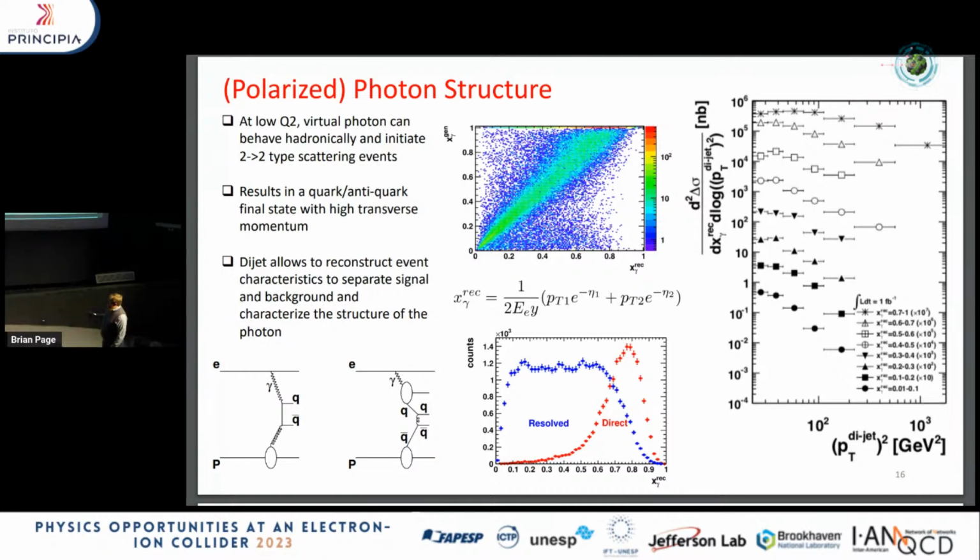But in a resolved process, the hadron itself that comes out has some momentum fraction. So if you reconstruct this quantity, you can make an experimental cut and really enhance your resolved component. And the fact that jets are a very good proxy for the outgoing partons gives a nice correlation between the x gamma you measure and what it actually is, which allows you to do this separation.